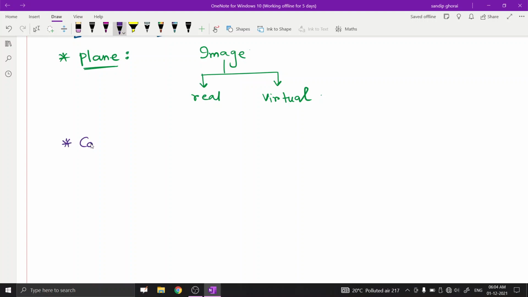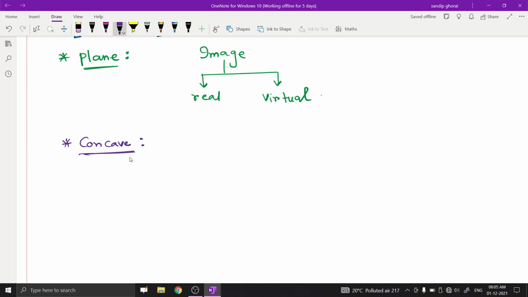Now suppose we take different types of mirror. The first one is the concave mirror. For a concave mirror there are several properties, and we have to know some terms related to it: focal length, focus point, principal axis, center of curvature, radius of curvature, and pole.